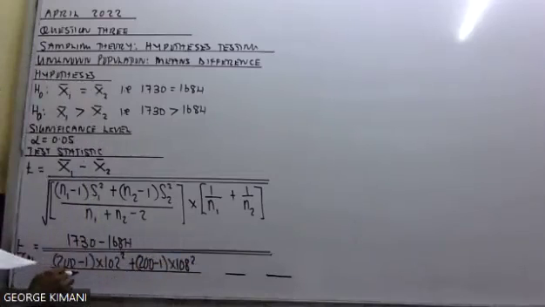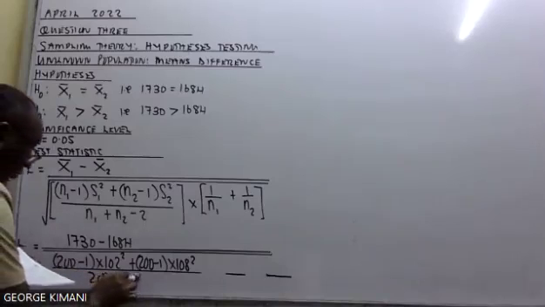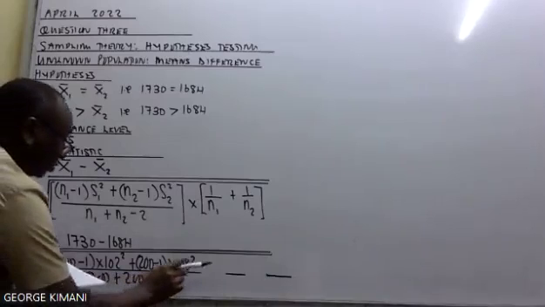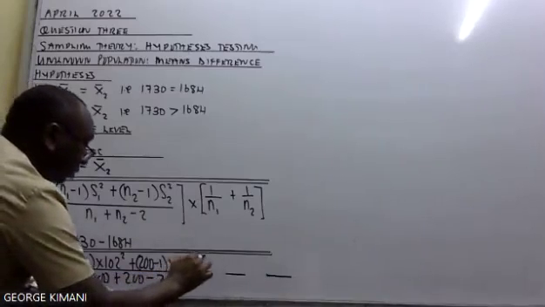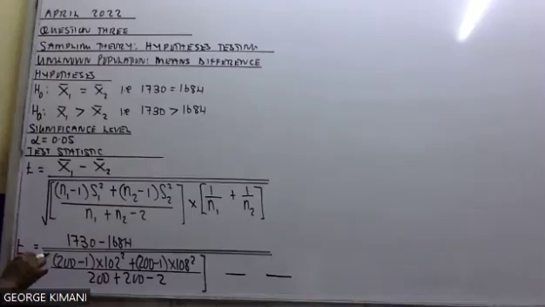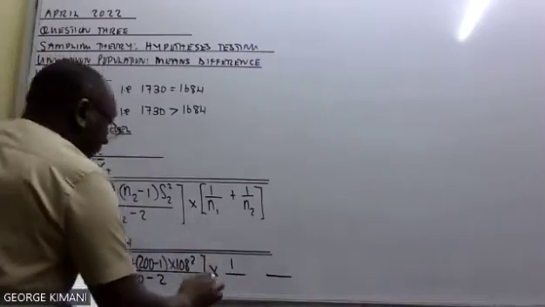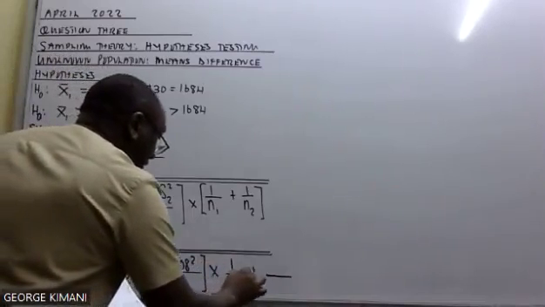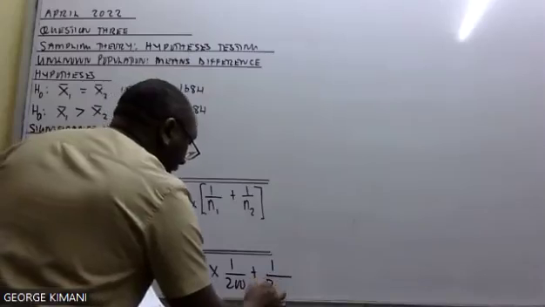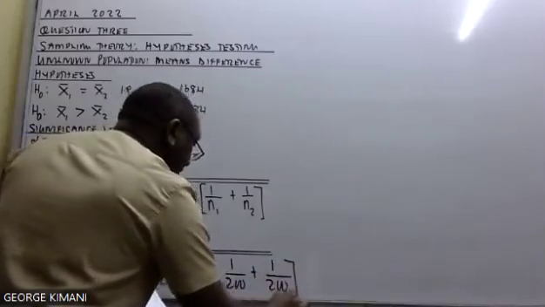Now this one, you divide by 200 plus 200 minus 2. Then you say times 1 out of 200 plus 1 out of 200.